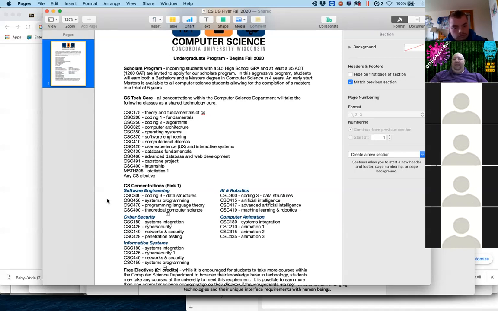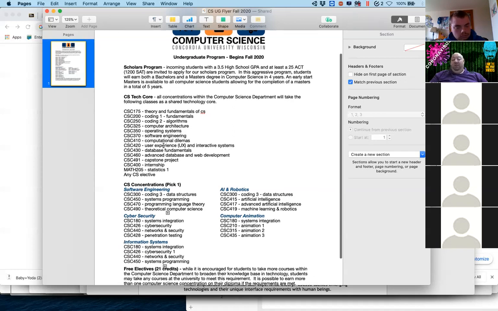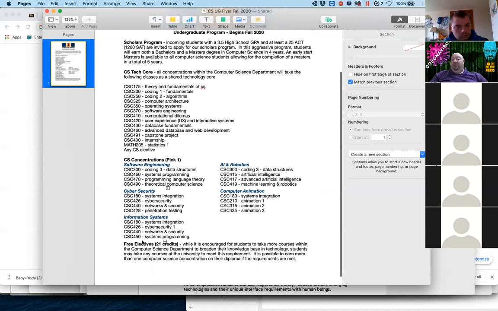And then you pick at least one concentration, but you can have up to, I think we've discovered that if you pick the right concentrations, you can actually fit 3 concentrations in, but you're only required to do one. So you pick one of the 5 concentrations. Either software engineering, which is traditional computer science. This is basically the major that you're currently in.